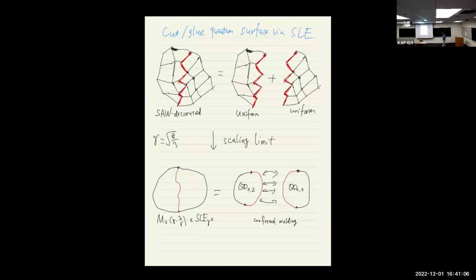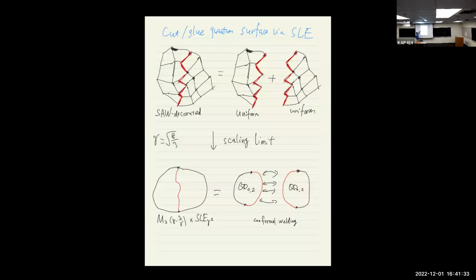And the idea is to use the cutting and gluing of these quantum surfaces. So this is a simple instance of how these cut and glue things work. Remember, we have this previously. We saw one of the natural quantum surfaces is this self-avoiding walk decorated quantum disk, right? And this converges to a certain kind of two-pointed quantum disk with a certain weight.